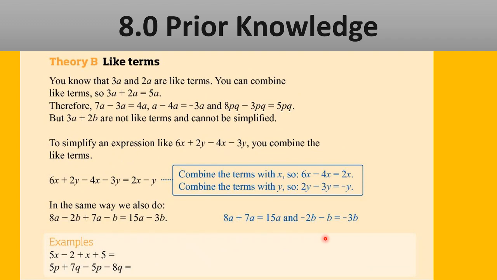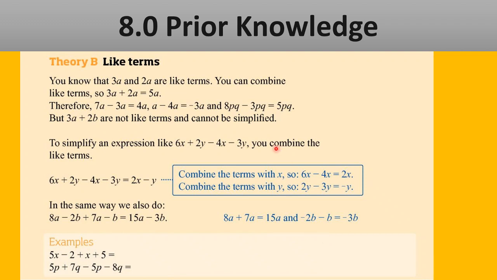Okay? Then theory B was about like terms. Remember what like terms are? Like terms means that the terms have exactly the same letters, and only then you can add or subtract them.